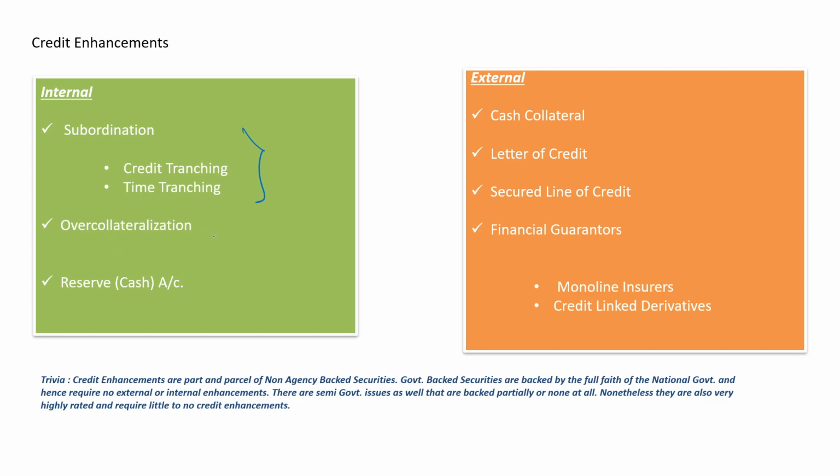All that it means is, if the underlying mortgages are, let's say, $1,000 million worth of property, the structured notes will only be created up to the extent of $800 million. The additional $200 million will be kept as a buffer in case there is a run on the structure. So that's called your over-collateralization.